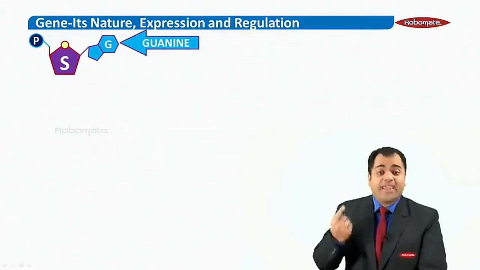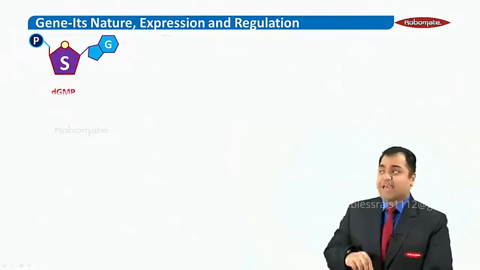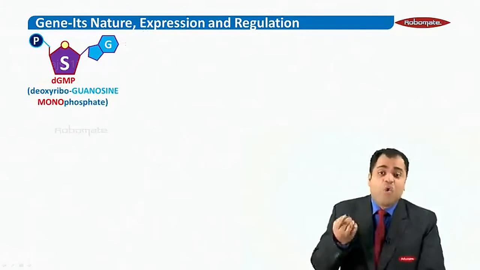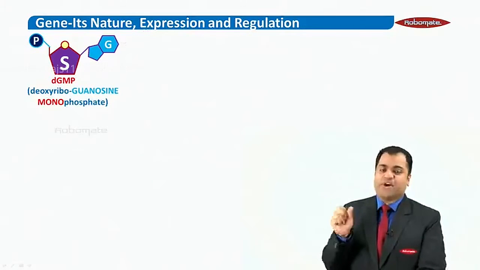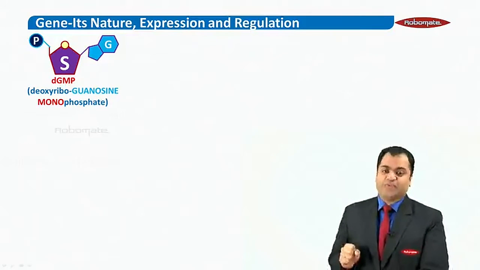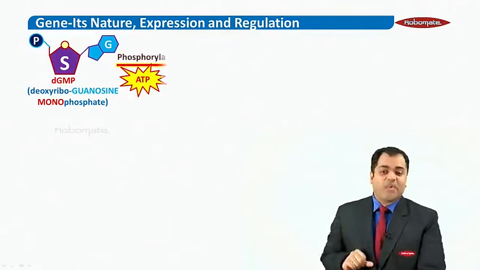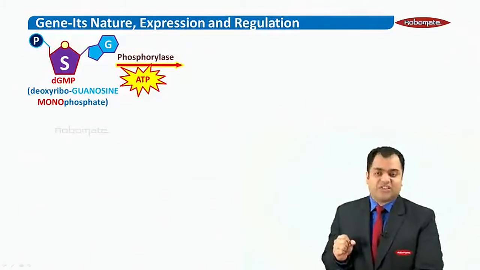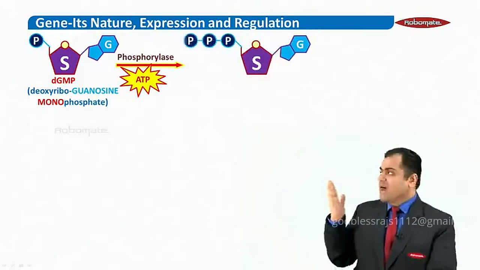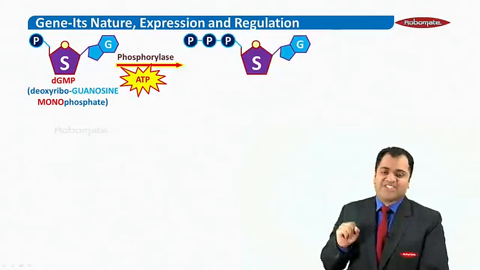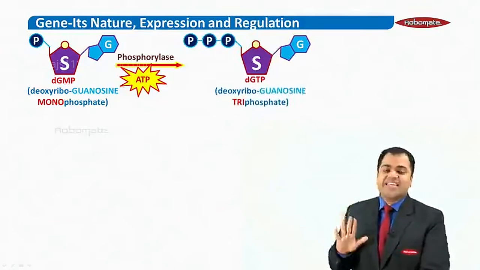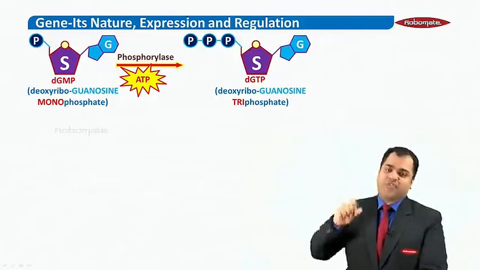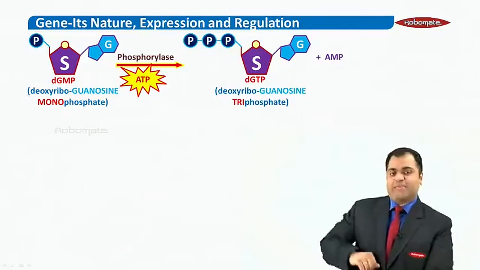So if guanine is the nitrogen base, I'm going to call this molecule DGMP, which stands for deoxyribo guanosine monophosphate, because it has only one phosphate group. And how do we activate this? Once again, we use phosphorylase enzyme and a molecule of ATP. And what do I get? I get a compound which now has three phosphates attached, and I'm going to call this compound DGTP, which stands for deoxyribo guanosine triphosphate. And you release a molecule of AMP.